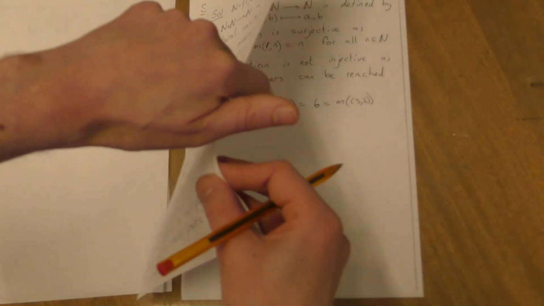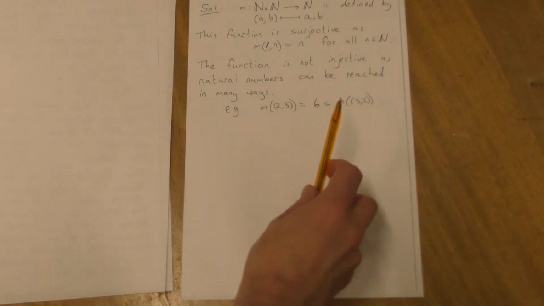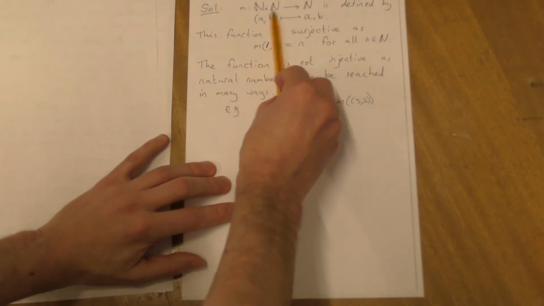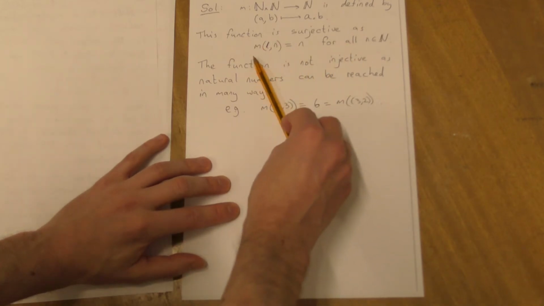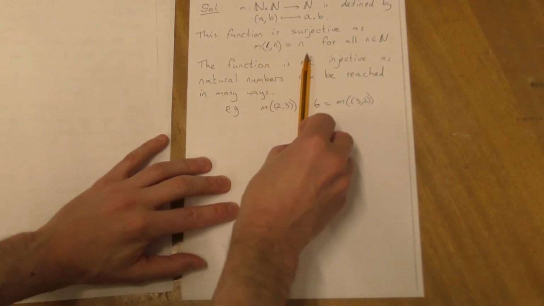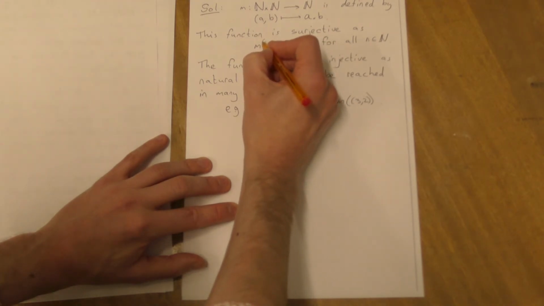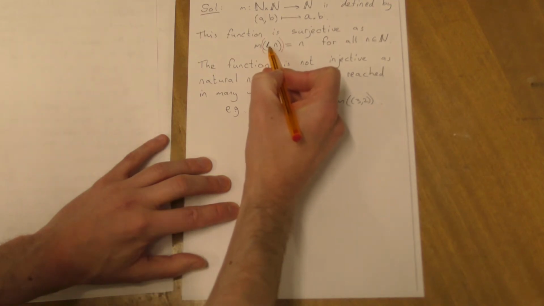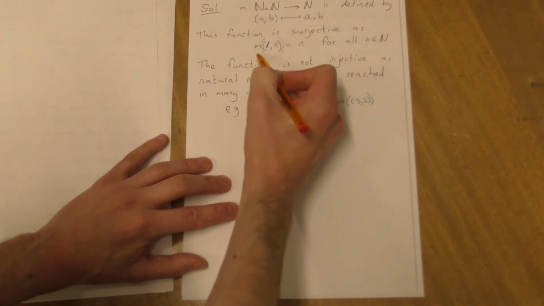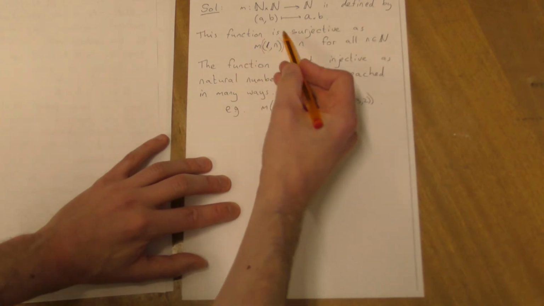Now, moving on to another answer, we've set up m, the function, very nicely, and we say it's surjective as m of (1,n) is equal to n. But of course, this is an error. What we should have here is that we're putting the ordered pair (1,n) into the function. Okay, so this is for all n. Good. So this is correct.